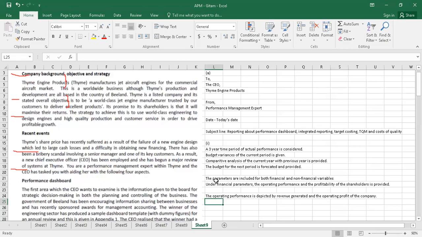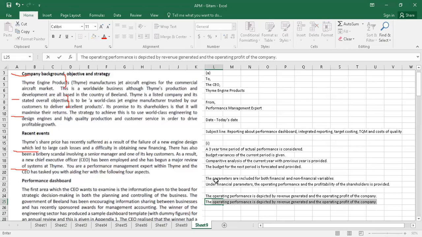The EVA and total shareholder return explain the profit to the shareholders.